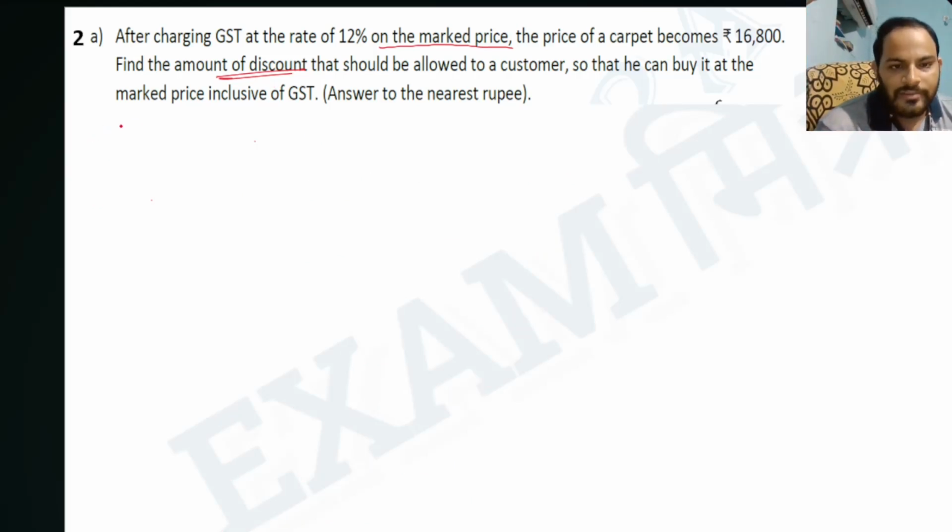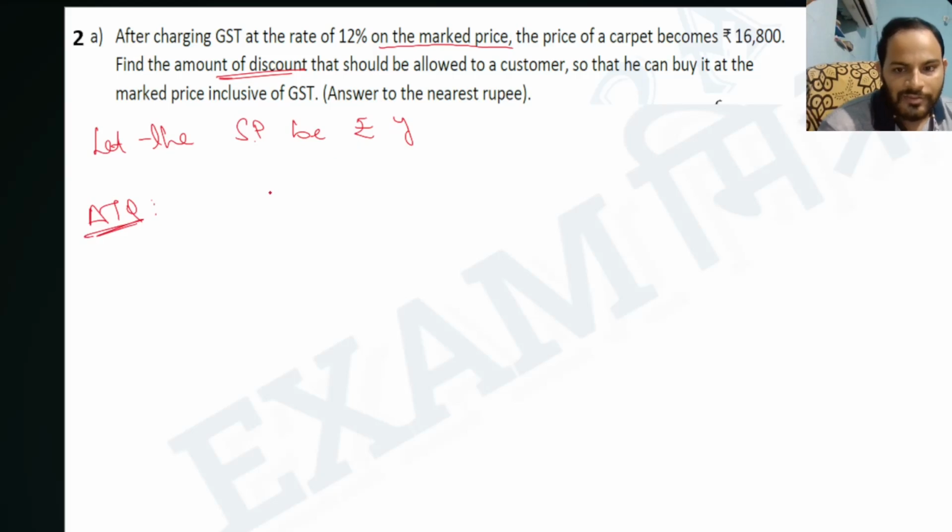So we got the marked price. Now our aim is to find the discount. In this case, let the selling price, the price at which the customer buys the carpet, be rupees Y. Now according to the question, the selling price of the carpet plus GST on the selling price sums to the marked price of the carpet.